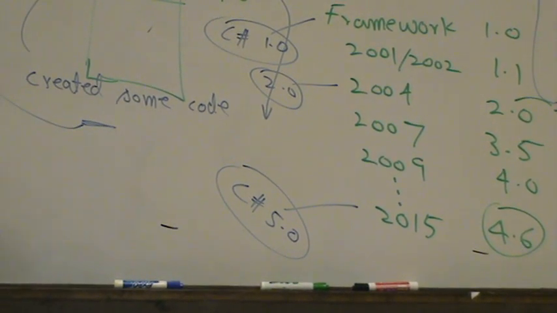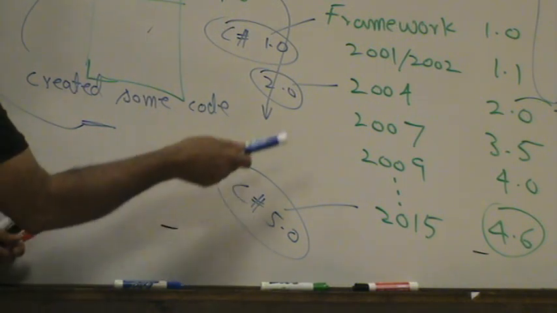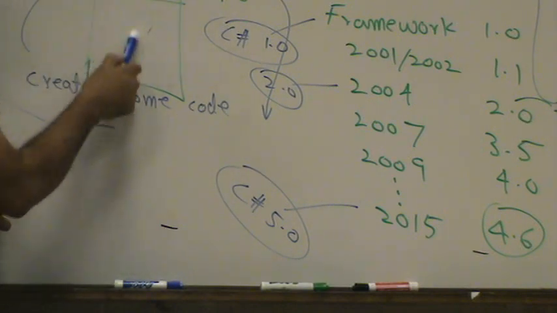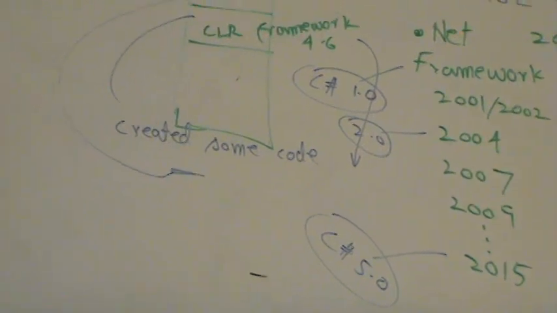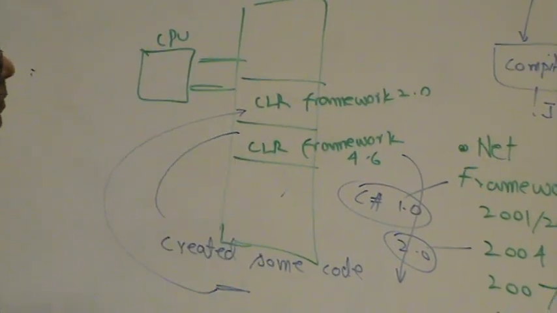And with every improvement, every new framework, they keep adding more and more features to the C# language. So gradually I'll introduce those features, okay? So again, as compared to Java, where changes do not occur for another 5 years or so. Okay, here changes keep occurring, and they don't have to worry about backward compatibility because multiple frameworks can exist in the memory at the same time. Okay, so anyway, that was the big picture.